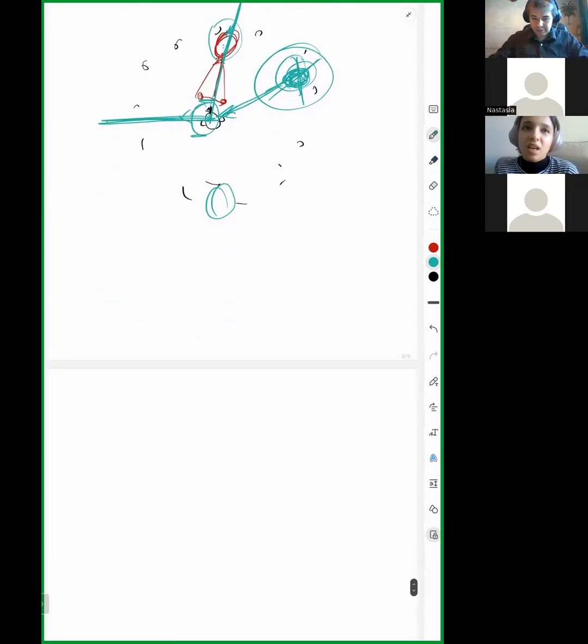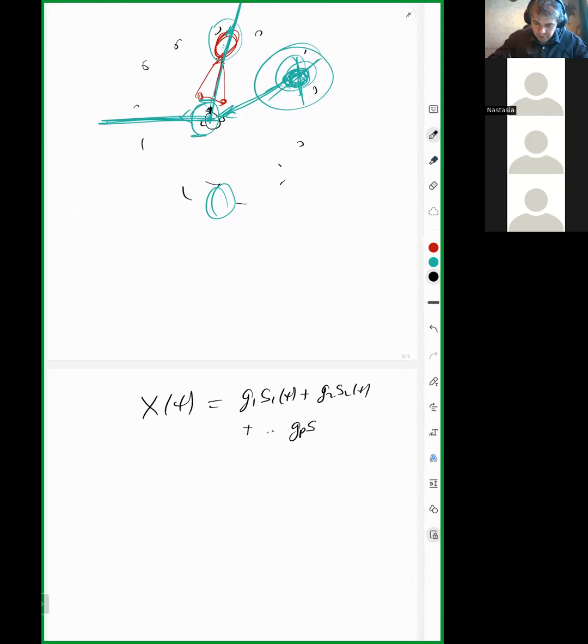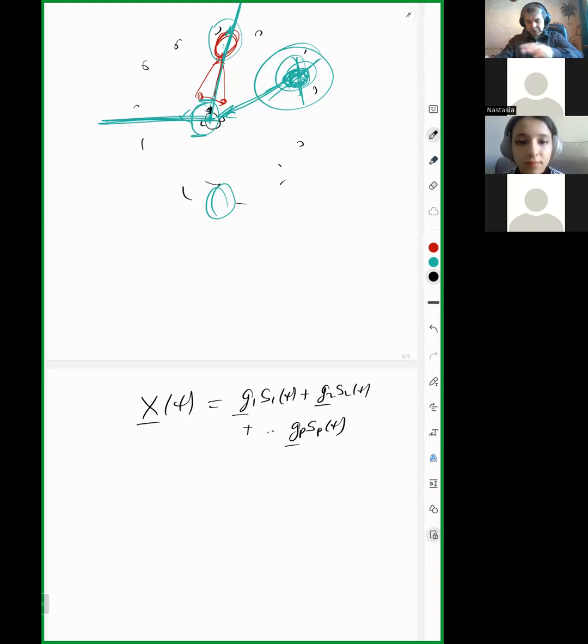The idea is this. Again, x of t is our data. It's g1 s1 plus g2 s2 plus whatever, gP sP of t. Those are vectors. These are our data.